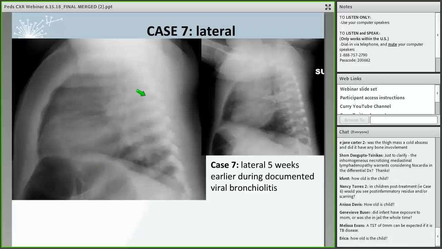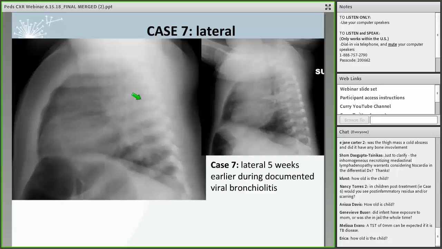Now, let's look at the lateral when the patient was seen for evaluation of TB. You can see that there is a dense area overlapping the right PA region. Now, this is way too big for a right pulmonary artery in a patient this young. So this is likely representing adenopathy.